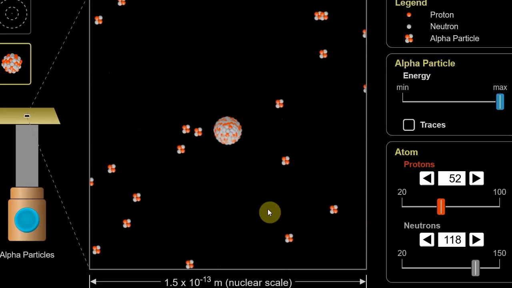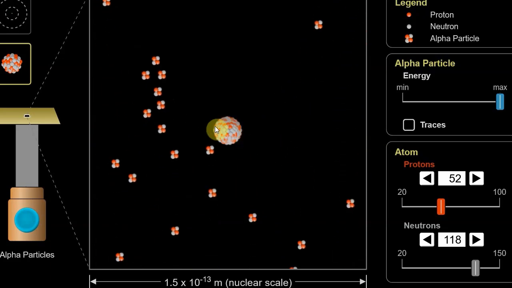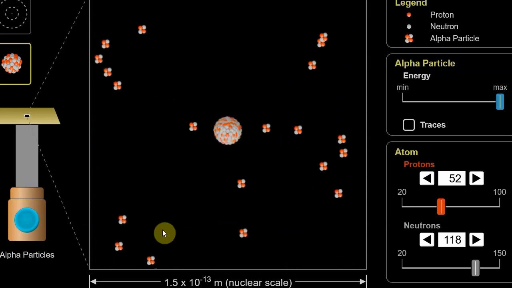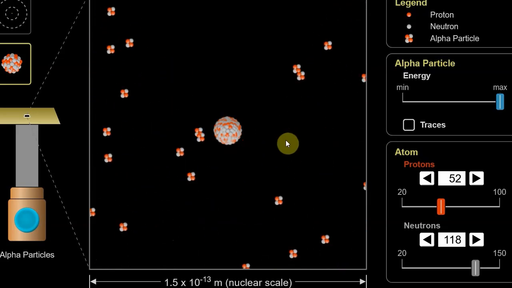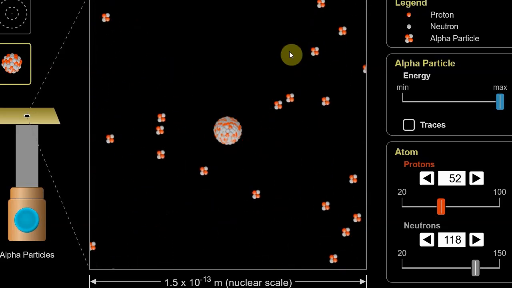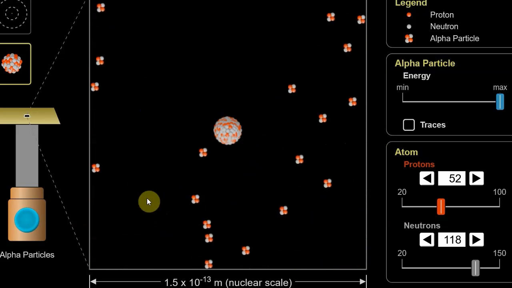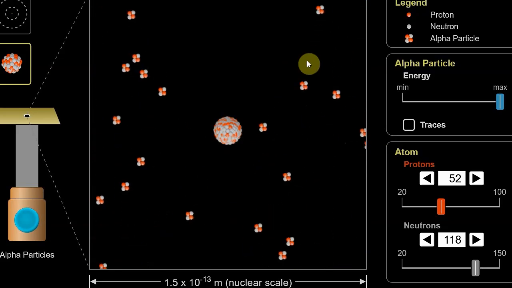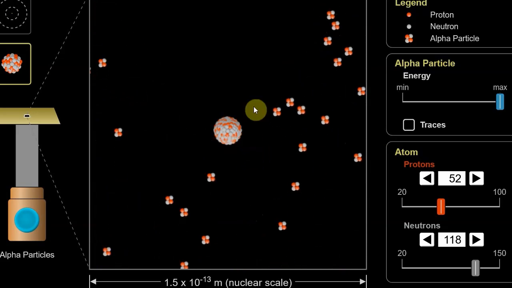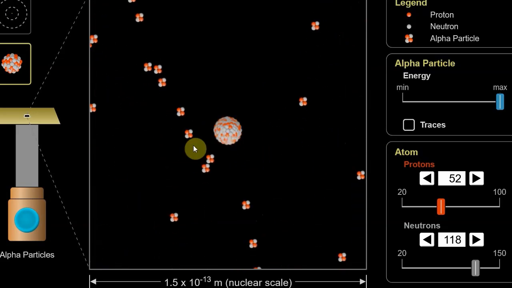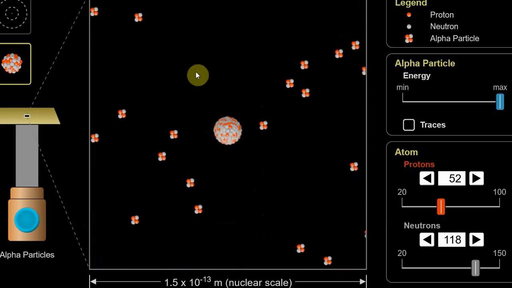So we can see here that we have our nucleus in the center, and these are the alpha particles, the positively charged particles that are traveling through the gold foil, and most of them you can see just go straight through, but the ones that get close to the nucleus get deflected. In other words, they're sort of bouncing or being pushed around.